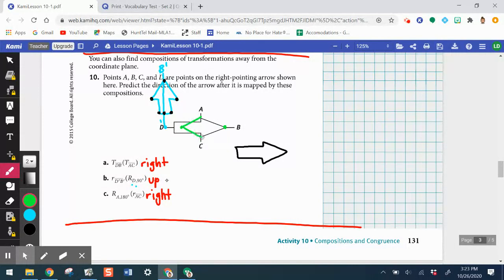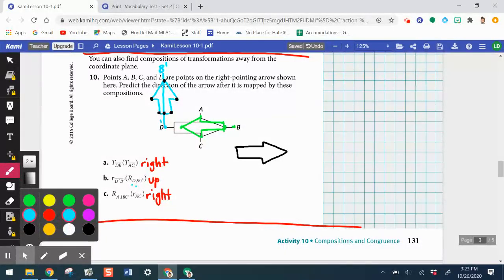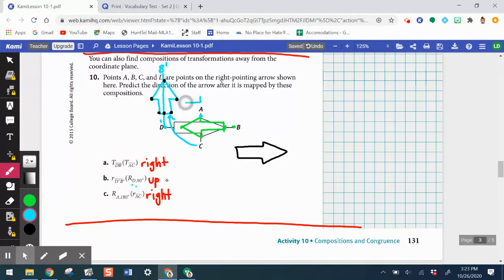And then point D will end up all the way over here where B was. So this is a reflection across the line AC, and then it says rotate 180 degrees around point A. Well, 180 degrees, we don't have to specify counter or clockwise. So if we rotate around this point, all of these points are going to move in this direction all the way till it ends up looking something like that.